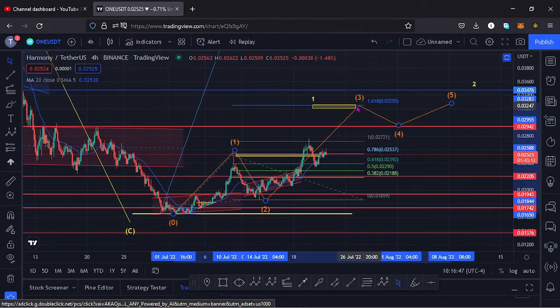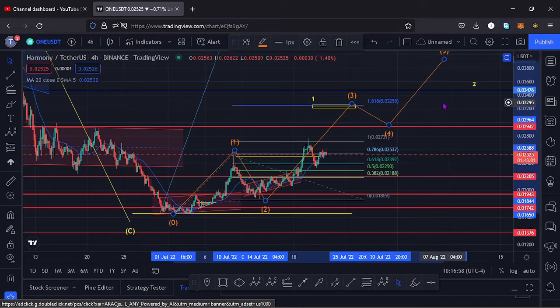That is the minimum that I expect this wave 3 to the upper side to do. Once that happens, we can see a little bit of a retracement to the lower side in a wave 4, then see the formation of a wave 5 to the upper side.